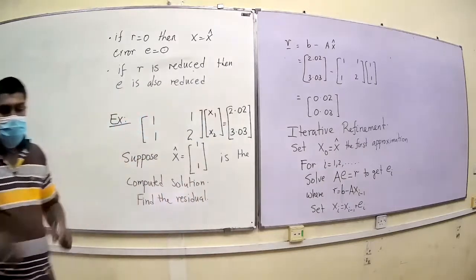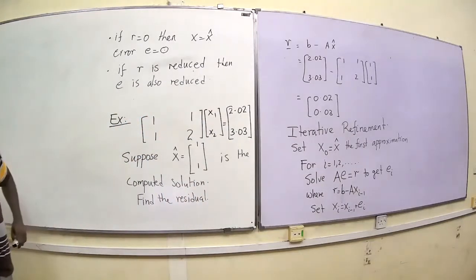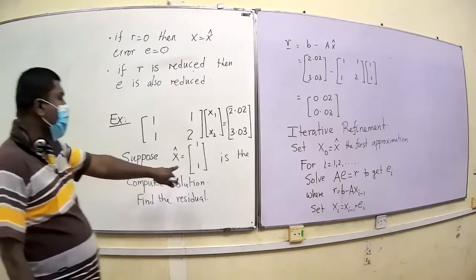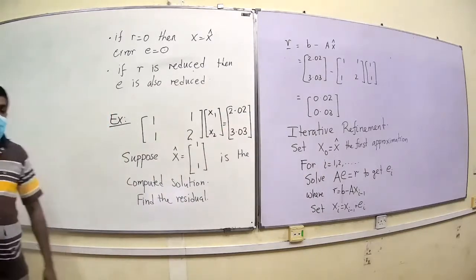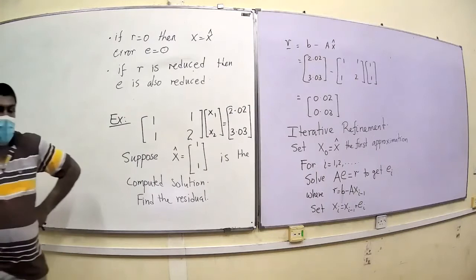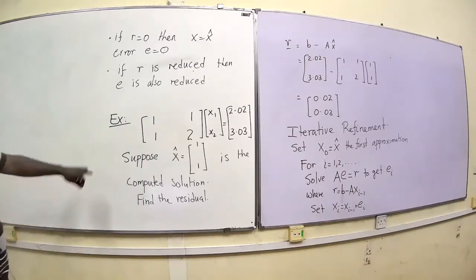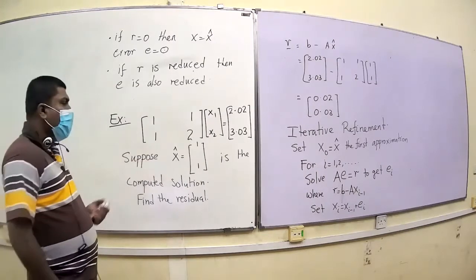This is an algorithm which helps us to improve the result. We start with the initial guess or initial approximation, which you obtain by using Gaussian elimination, or, as in this example, it is given.